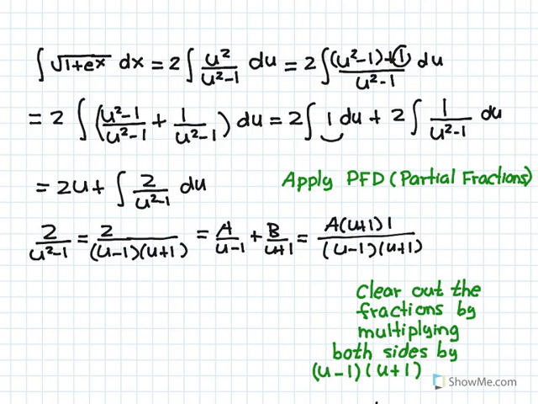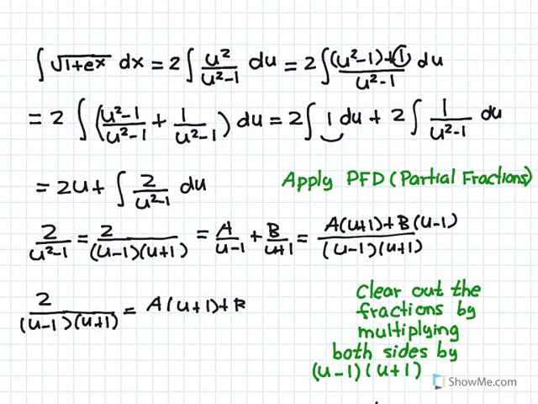Similarly, we'll get b times u minus 1. So what we have shown is 2 divided by u minus 1 times u plus 1 is equal to a times u plus 1 plus b times u minus 1, divided by u minus 1 times u plus 1.